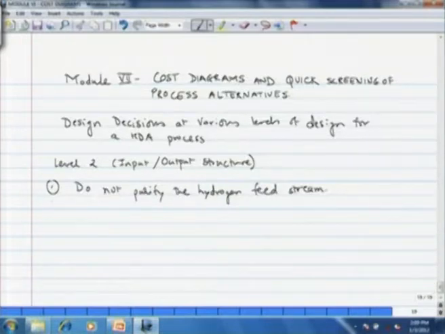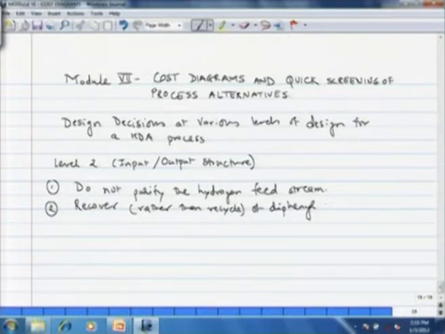Then second, recover rather than recycle the diphenyl. Diphenyl is a reversible side product, so that there are three product streams.